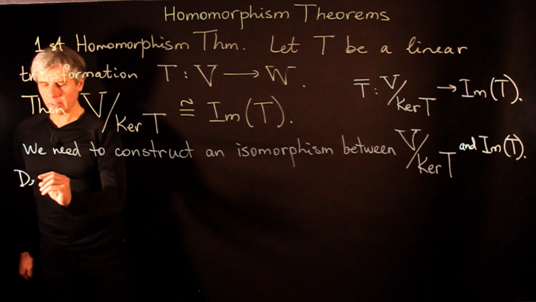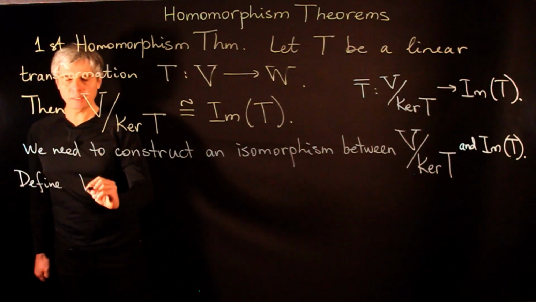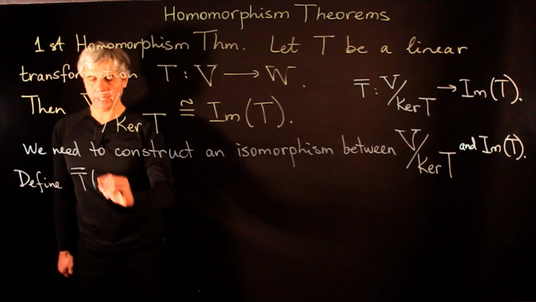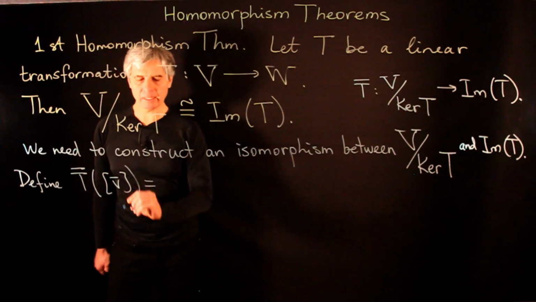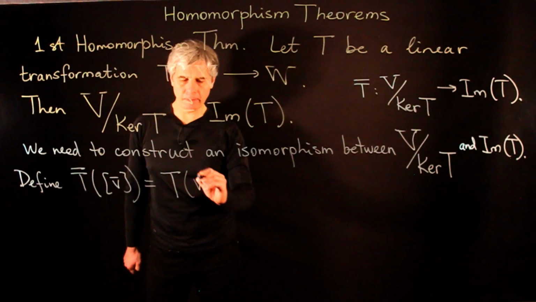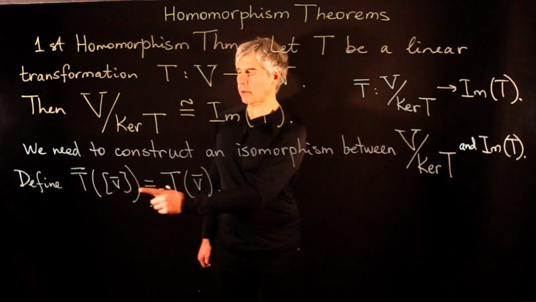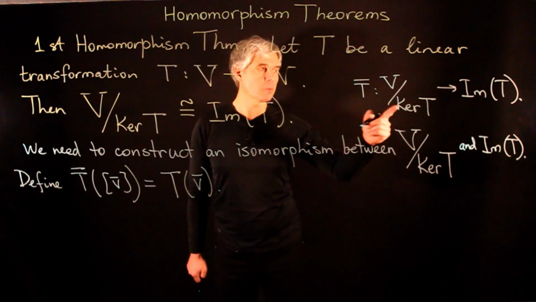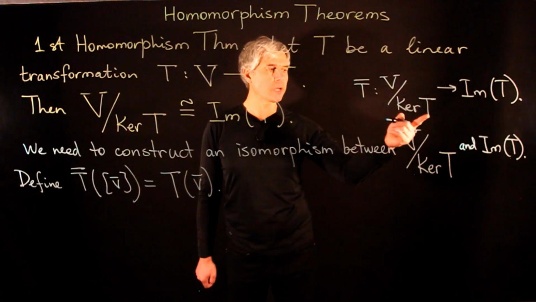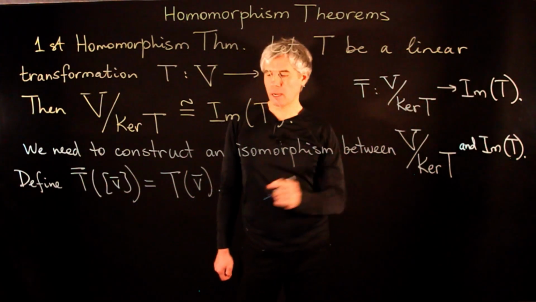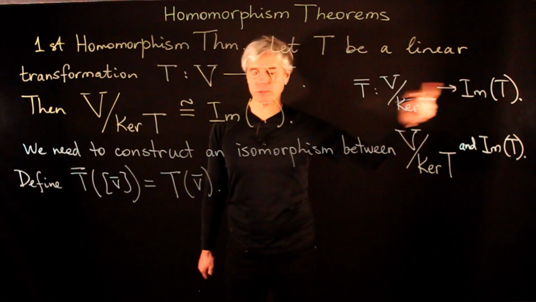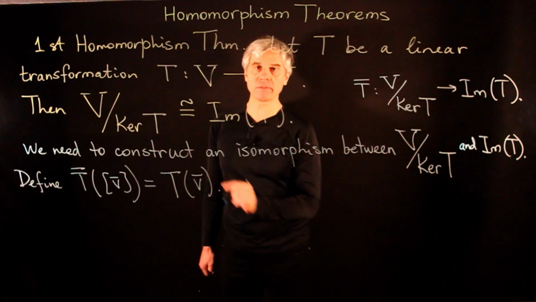So we define T bar of an equivalence class of a vector v as T of v. So here the domain of T bar is the quotient space V quotient by the kernel of T, and we can see that the values of T bar are assumed in the image of T, because this is T of some vector v.